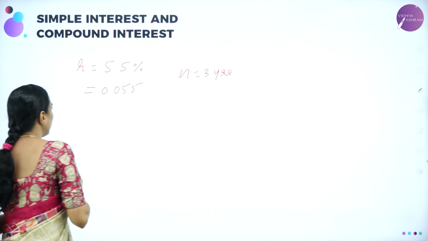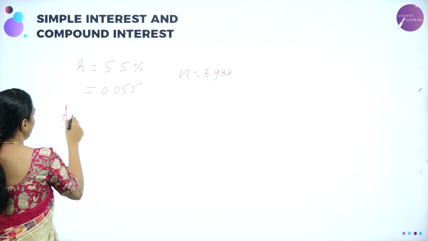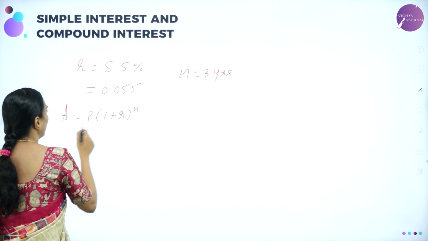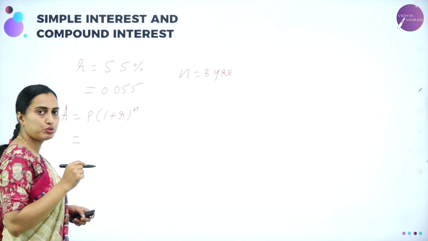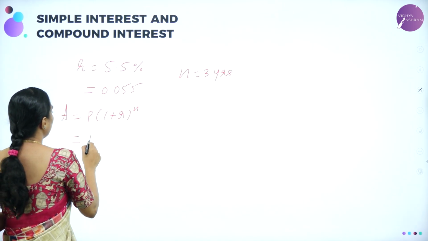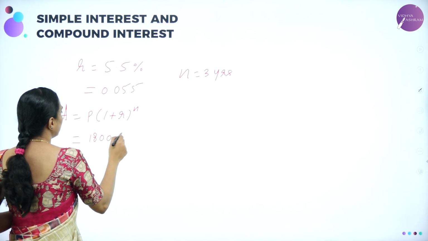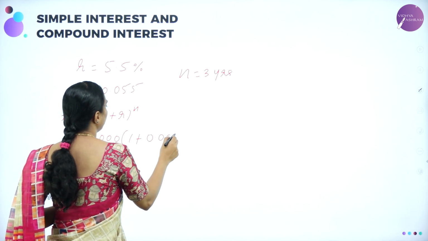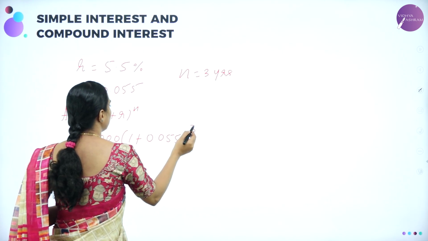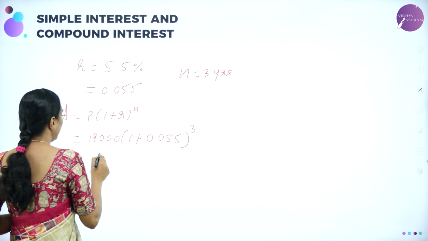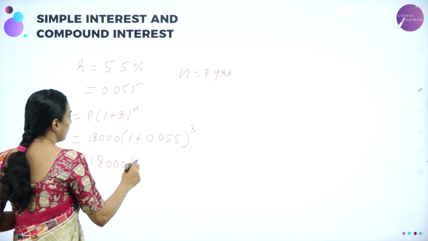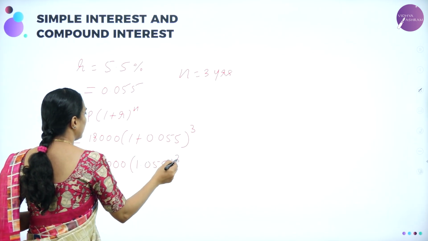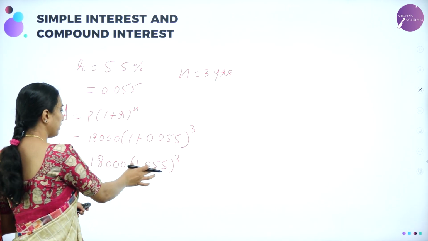So, therefore, you know the formula is given by A is equal to P into 1 plus R to the power of n, or 1 plus i to the power of n. Therefore, P is 18,000 into 1 plus R, which is 0.055, to the power of n is 3, which will be equal to 18,000 into 1.055 to the power of 3. So you are going to get the answer after multiplication.